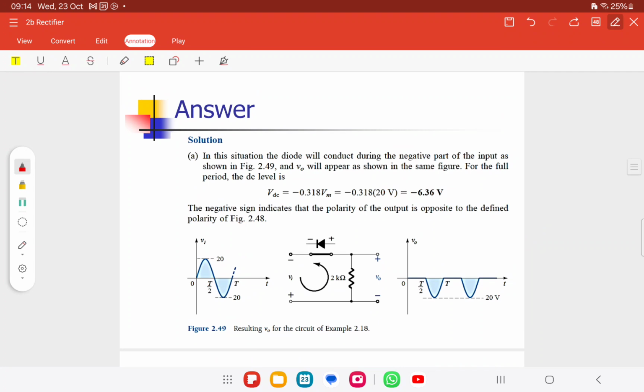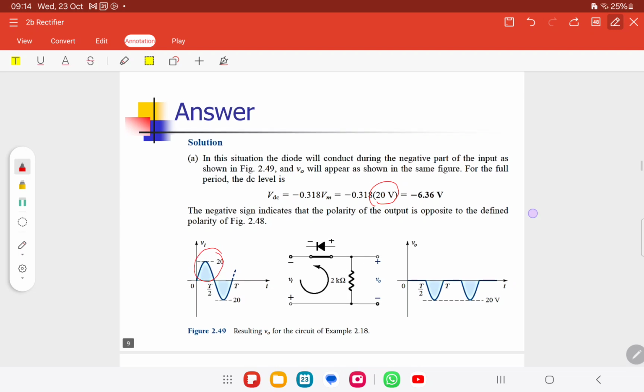Okay, since for this formula, kita just darab dengan Vm dia lah, from the original signal. So that will be the voltage DC yang kita dapat. So yang output kita tu akan jadi kalau negatif dan belah bawah lah. So this will be 6.36.